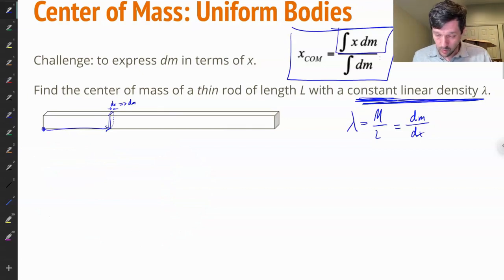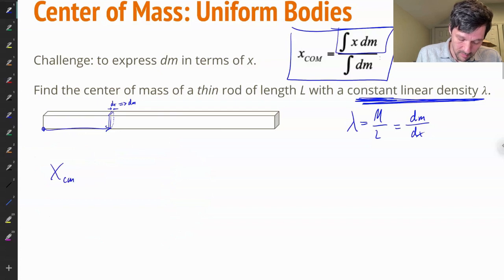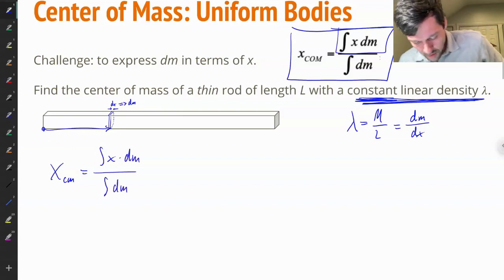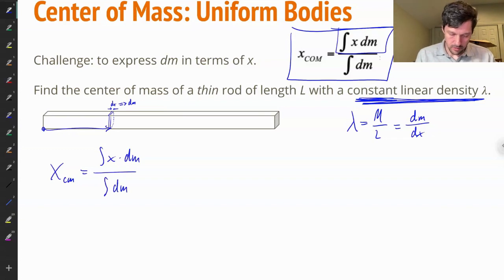So let's put this to work. We're interested in finding the center of mass, and we've got this formula which we're going to be a little more familiar with. It's the integral of x times dm divided by the integral of dm, which, if you think about it, if you take the integral of dm, you're adding up all the little tiny pieces of mass.